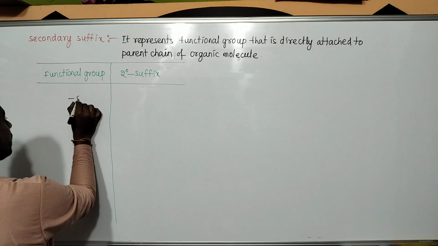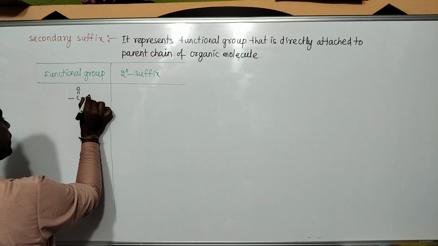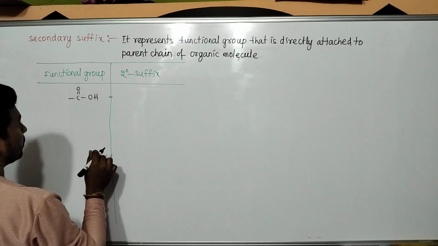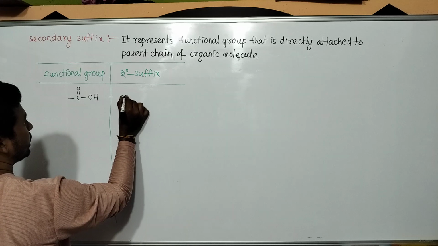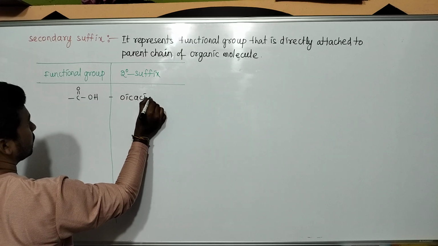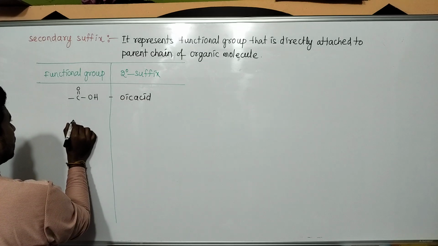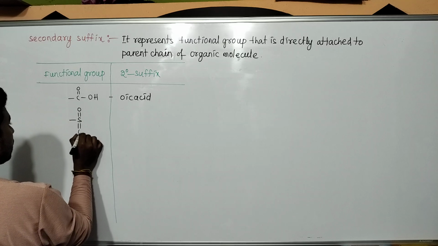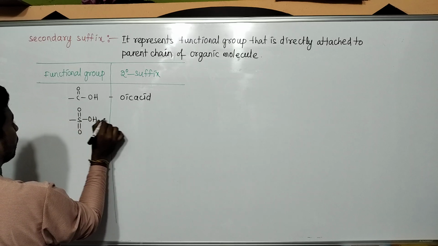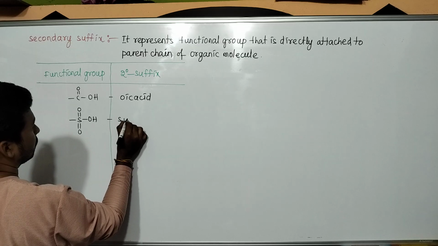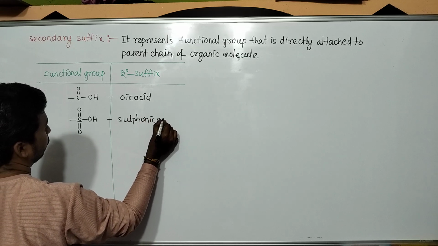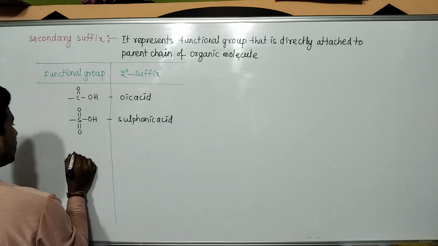I am writing first the C double bond O OH group. If it is the functional group in the organic compound, we write oic acid, secondary suffix oic acid. If an SO3H group is present, we write secondary suffix sulfonic acid.